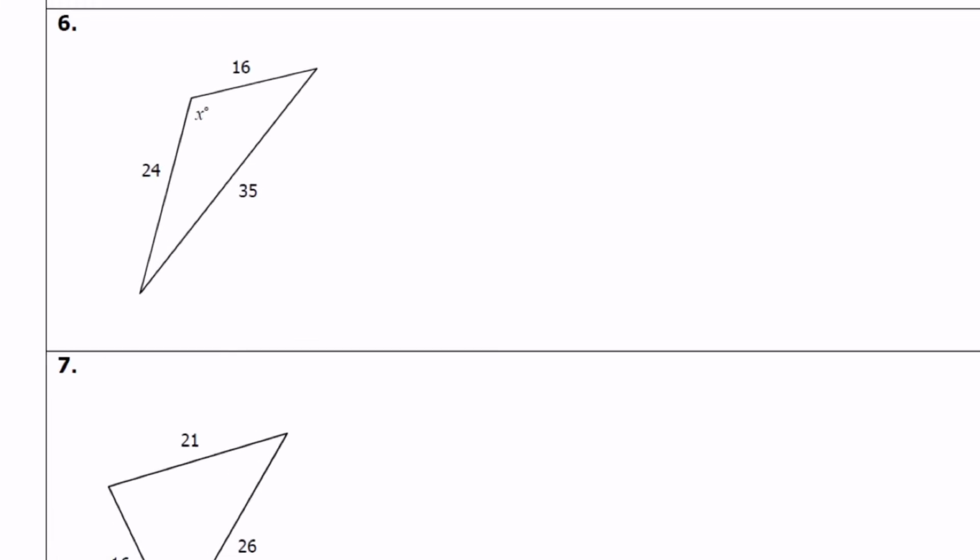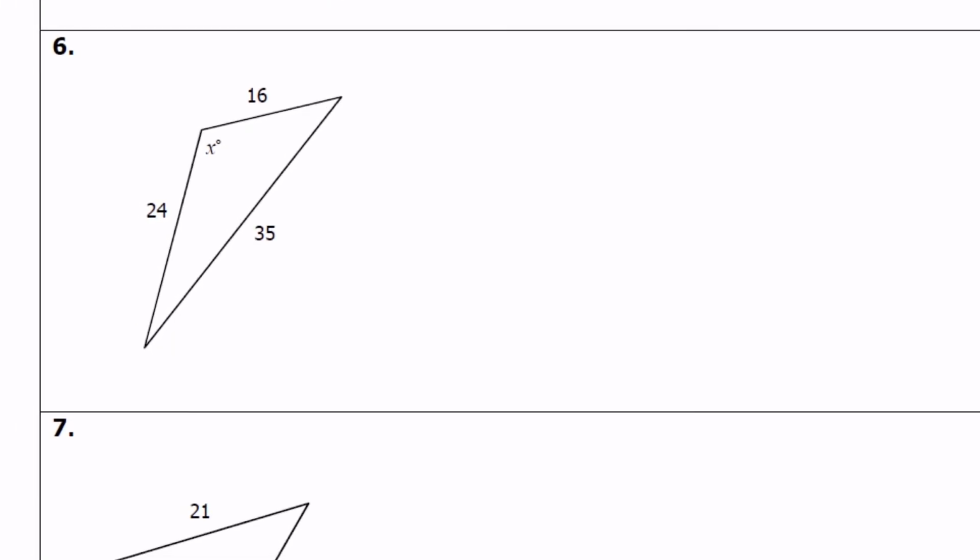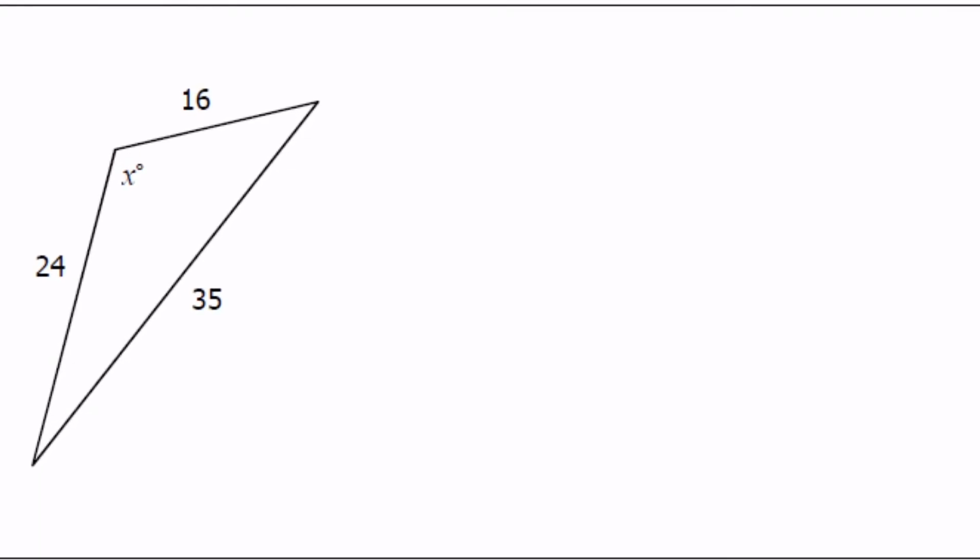We'll go ahead and do number 6 because it's a little bit different. So, all right. Do I have all three sides first thing? I do. Cool. Now I can begin. Except I have to look which side is opposite of my angle I'm trying to find. 35. That's going to tell me how I need to set this up.